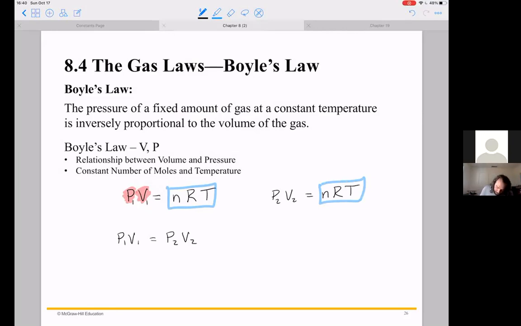And again, if you just want to memorize this as Boyle's law, go for it. I think it's easier to derive it from the ideal gas equation. But this is Boyle's law: P1 V1 equals P2 V2. So the pressure times the volume before some change happens is equal to the pressure times the volume after that change has happened, as long as number of moles and temperature are held constant.